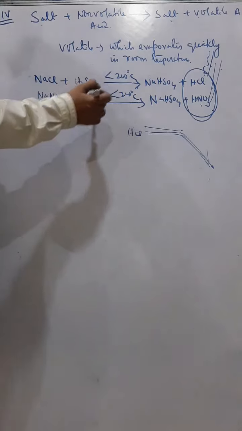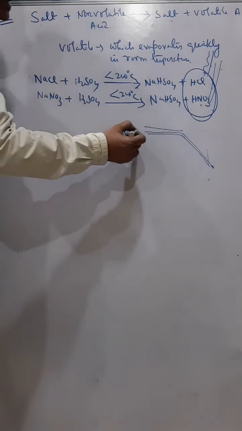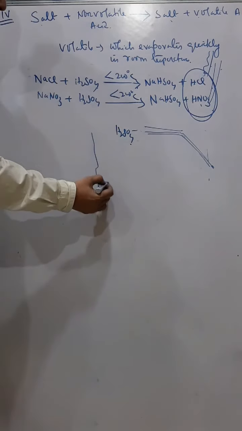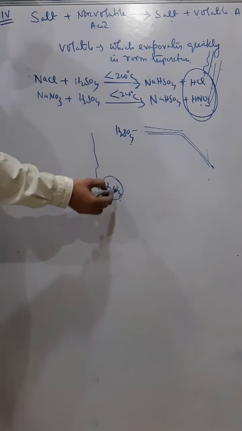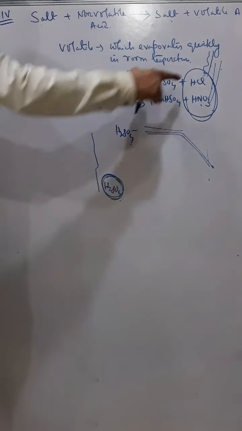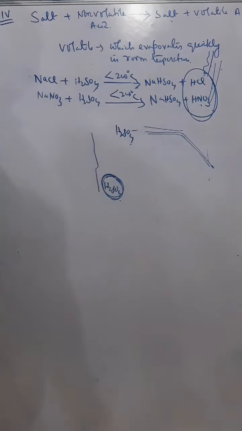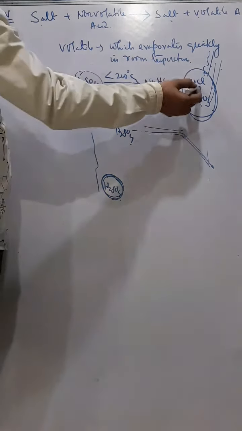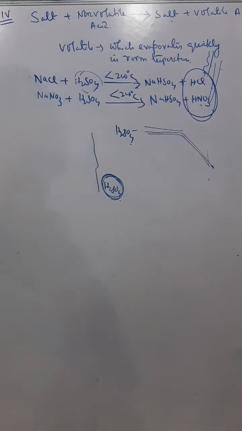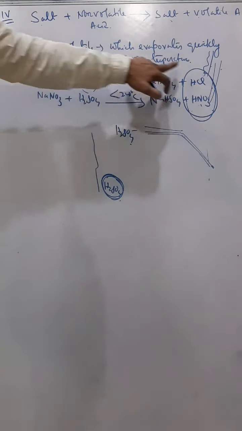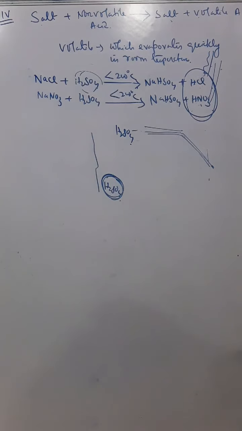But the problem with sulfuric acid is that since it's non-volatile, at high temperature we prepare an acid, and if we collect sulfuric acid vapor, then along with sulfuric acid vapor, HCl or HNO3 vapor will also get mixed, because these are all volatile. But sulfuric acid here is non-volatile, so there is no question of mixing with HCl. Okay, so therefore from sulfuric acid we can prepare HCl and HNO3 like this.